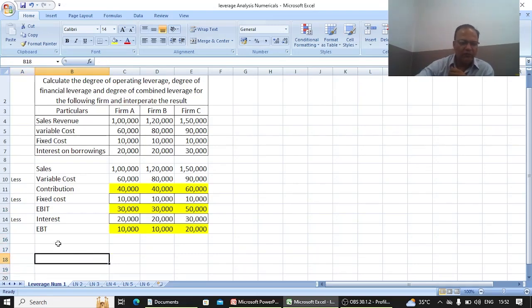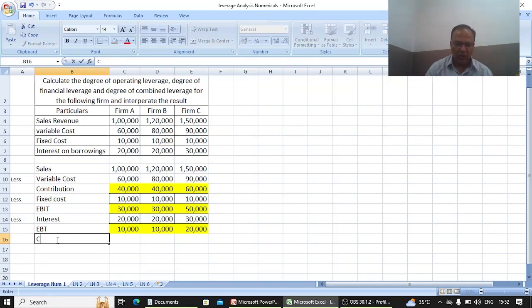Now first of all you have to calculate degree of operating leverage. Degree of operating leverage is equal to contribution divided by EBIT.